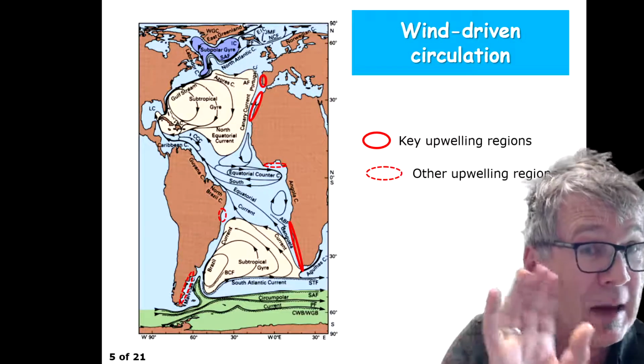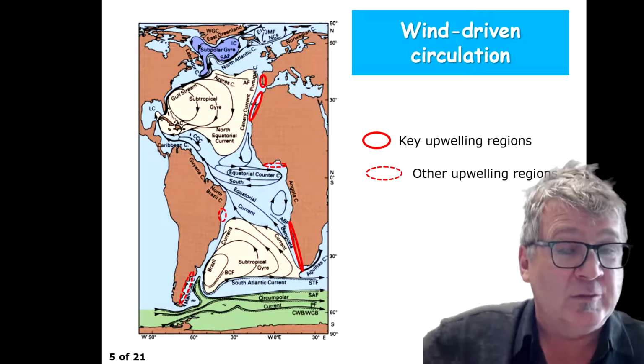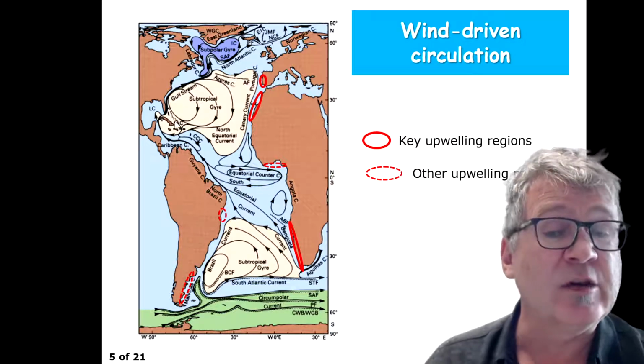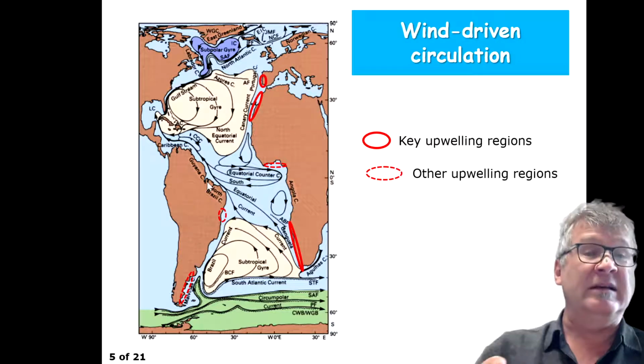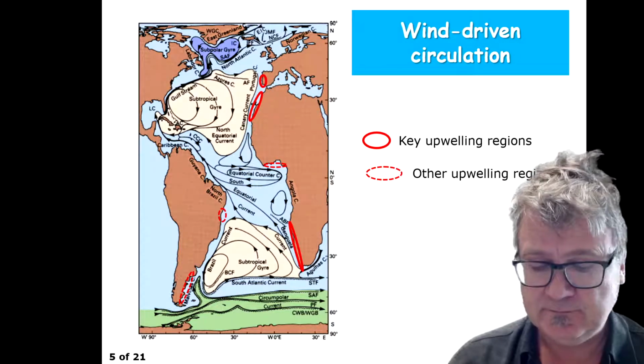Okay, so these are coupled processes here, and this return flow near the surface across the equator is the return flow of the deep circulation.